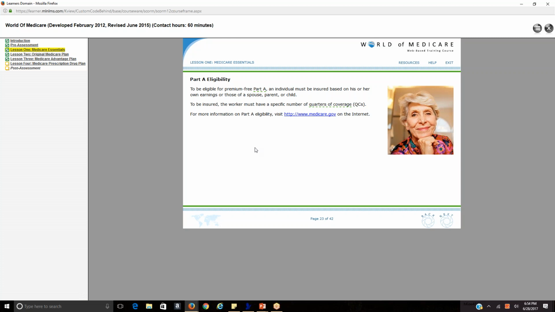To be eligible for the premium-free Part A benefit, an individual has to be insured based on their own earnings or those of a spouse, parent, or child. So let's say, for example, you have a child with cerebral palsy, okay, and that child is on Social Security disability because of it.